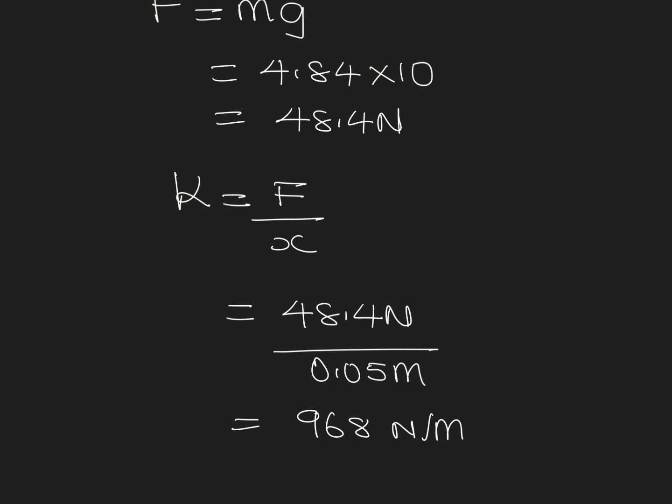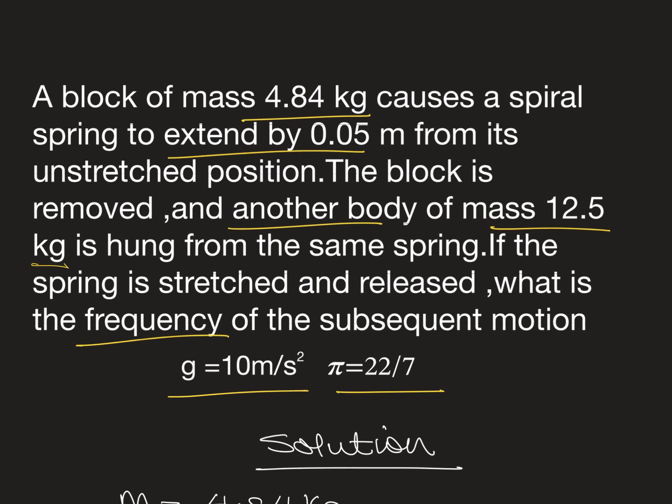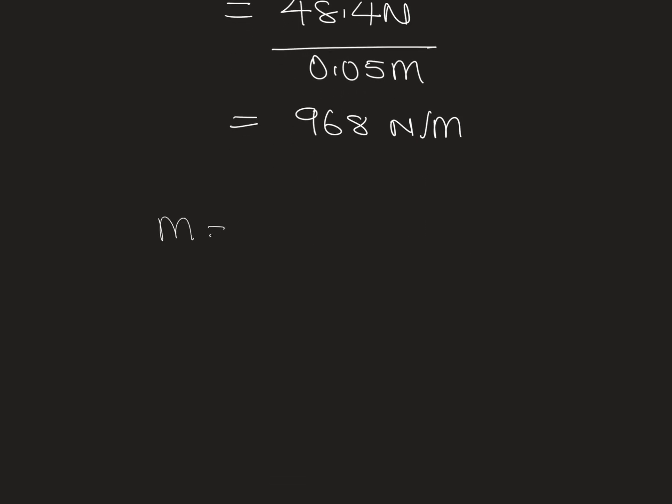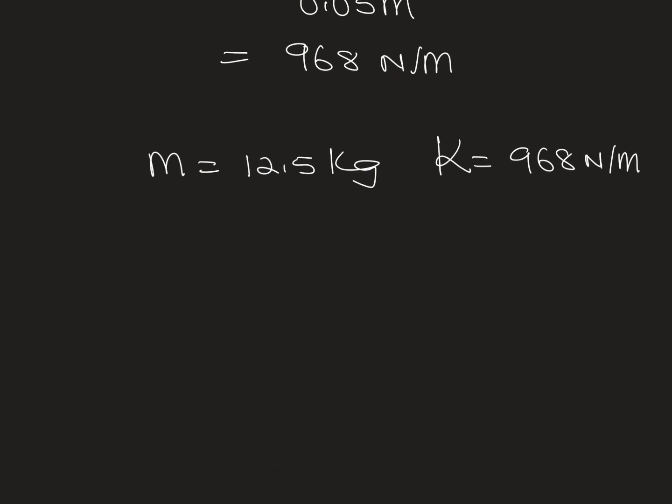It never changes. So we are asked to find the frequency when a 12.5 kilogram mass is hung from the same spring. So now we are dealing with a mass of 12.5 kilograms, but the spring constant K is 968 newtons per meter. What is the formula for frequency?